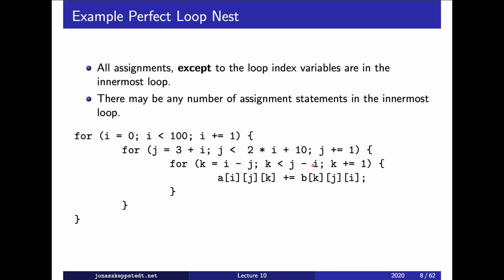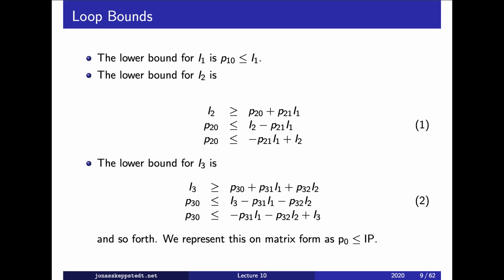So here is an example of a perfect loop nest. When we say assignment, we only mean assignments to variables except the loop index variables. They are not counted here because they can be easily regenerated somehow. But we are not allowing assignments to the loop index variables in the innermost loop, nor outside either, except when we increment the loop variable.